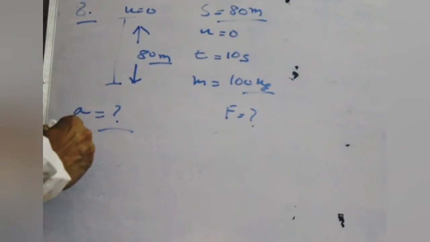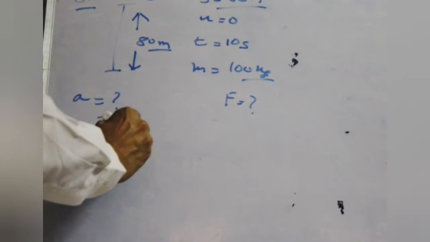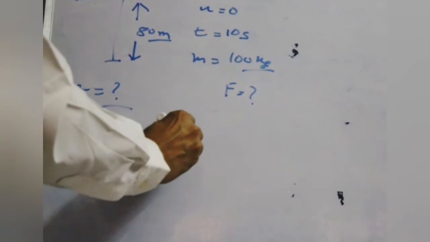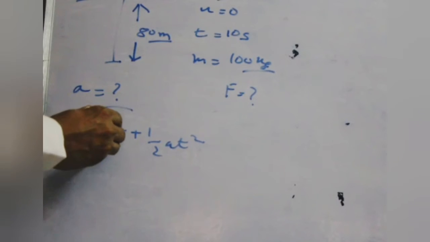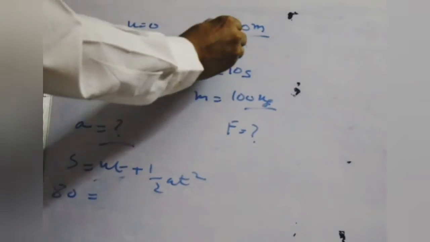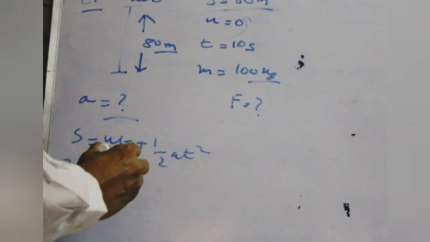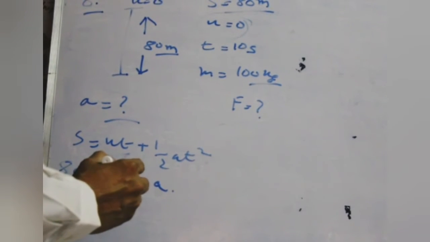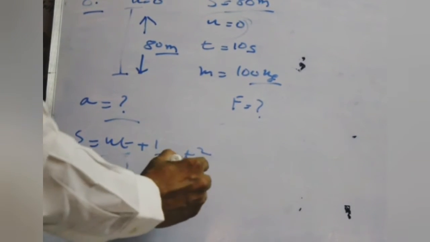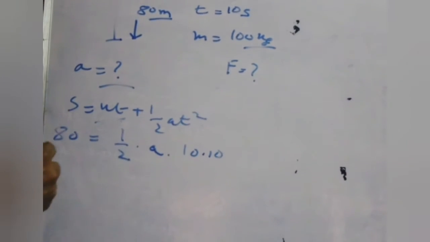Now we know the formula, s is equal to ut plus half at square, s is 80. Now this will be 0 because u is equal to 0. Now this is half a we have to find out, and t square. Now t is 10, that means 10 multiplied by 10.